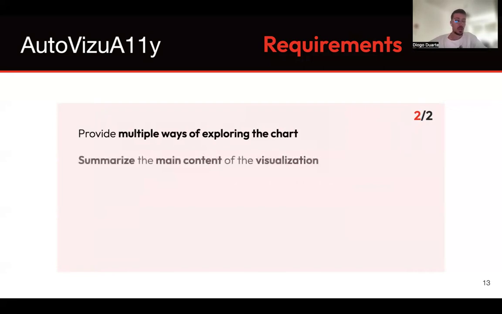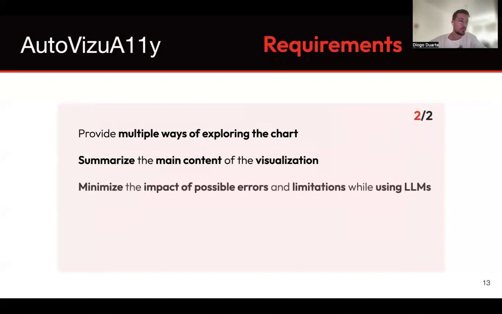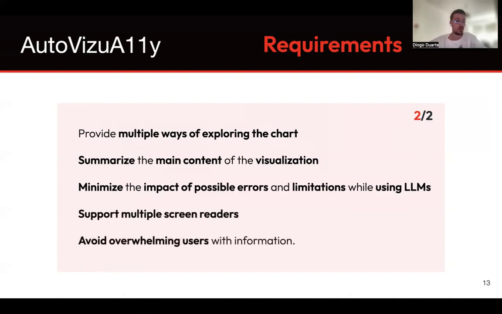But also, together with these, provide multiple ways of exploring a given chart, summarize the main content of the visualization through a description, minimize the impact of possible errors and limitations using large language models, which we pretended to use, support multiple screen readers, and also avoid overwhelming users with information.